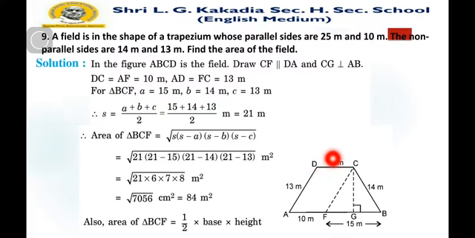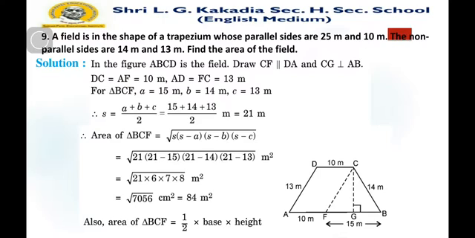In a parallelogram, opposite sides are equal. So AF will be 10, and FC will be 13. After that, FB will be 15, because the total length of AB is 25 meter, and if AF is 10 meter, then FB will be 15 meter.